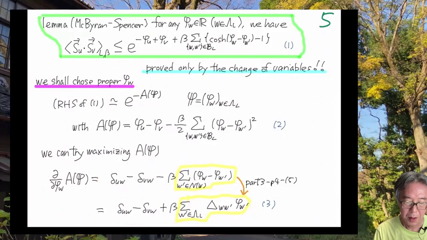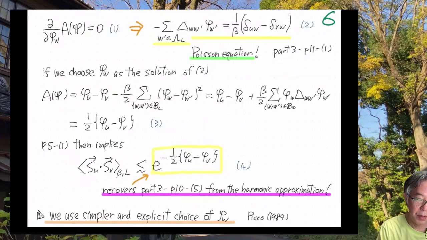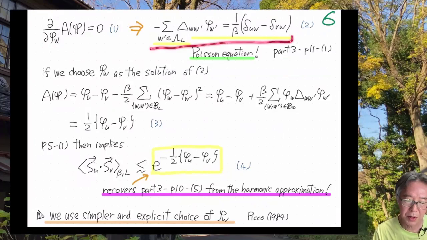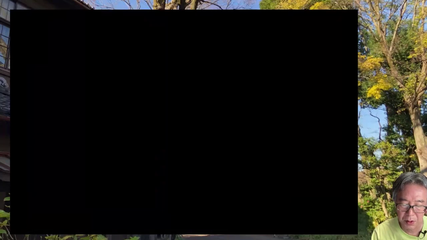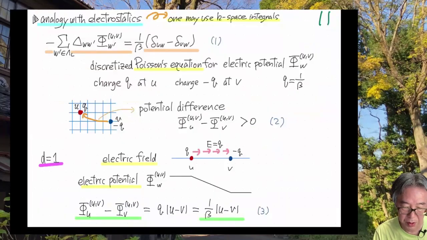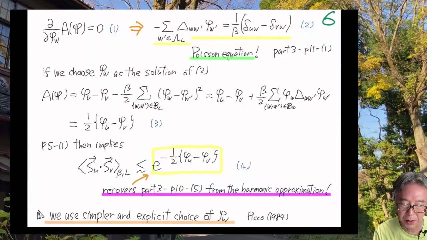Now you require that this derivative is 0 to find the maximum, and then the condition you find is this, which is nothing but the Poisson equation that we have seen in part 3, page 11. So this is a Poisson equation. If you compare, they have exactly the same form.